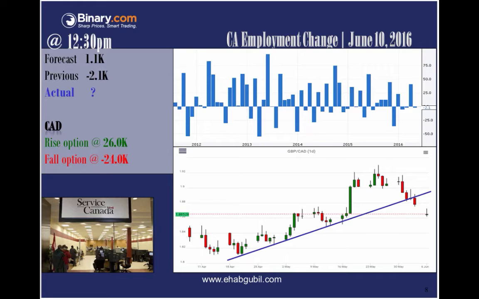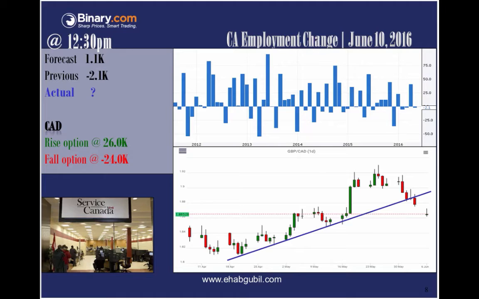I will also pay close attention to the unemployment rate, which is expected at 7.2%. As long as this number doesn't conflict with the employment change, we should follow the direction of the news release.